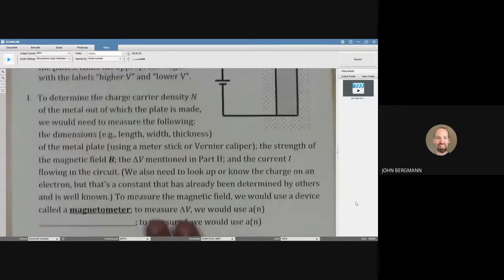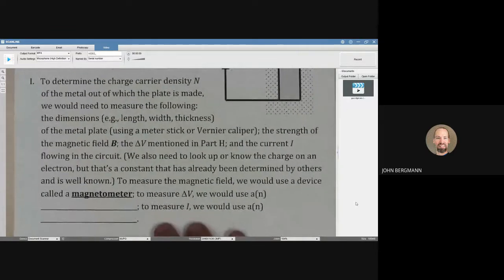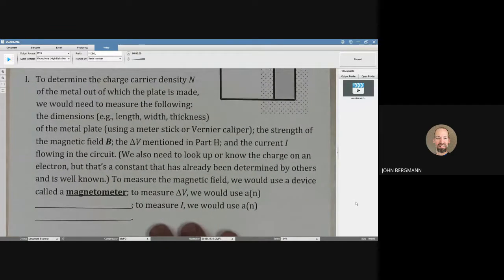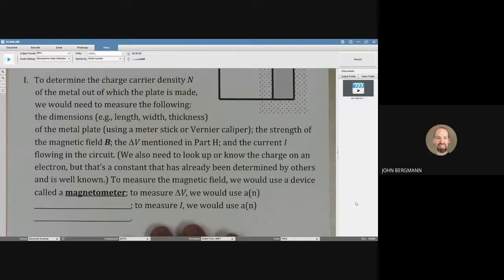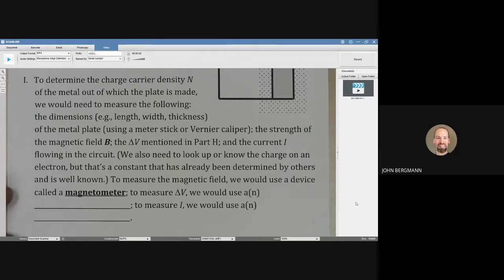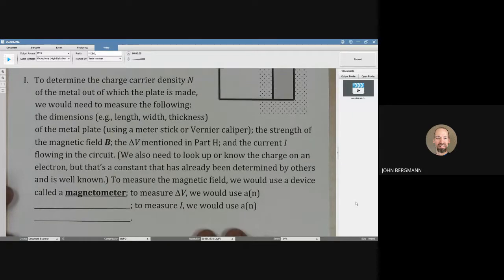Let's finish up then by answering part I here. To determine the charge carrier density N of the metal out of which the plate is made, we said that one application of the Hall effect is to help us figure out what the charge carrier density is for a given metal: zinc, copper, aluminum, whatever.